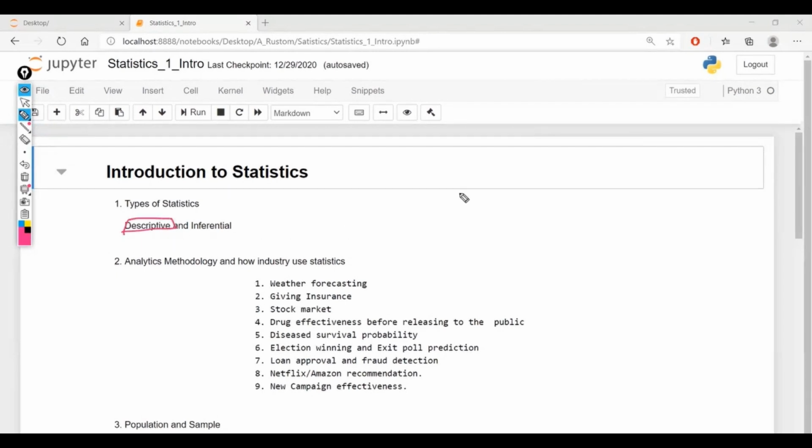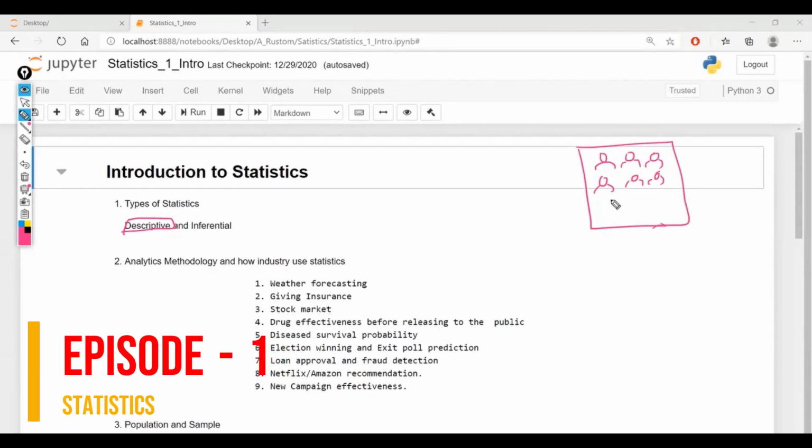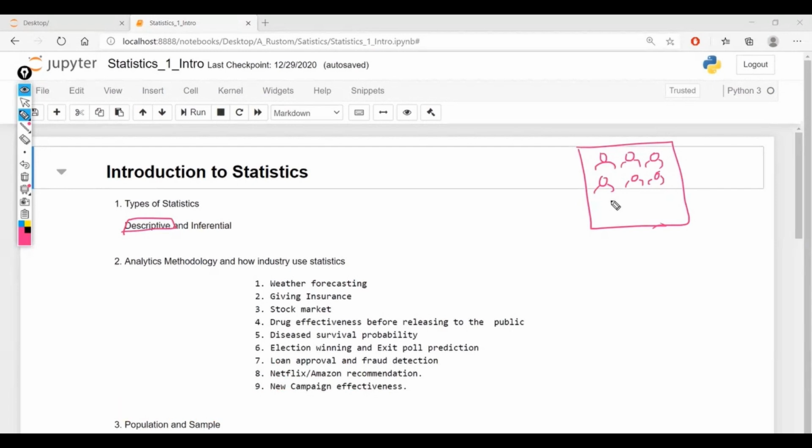Assume that I have a class and I have students, say one classroom. Basically I have some students where I can explain the marks or the average score of my class.